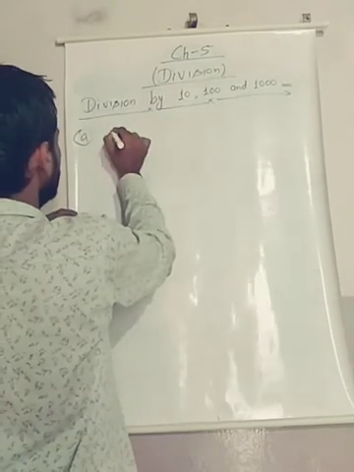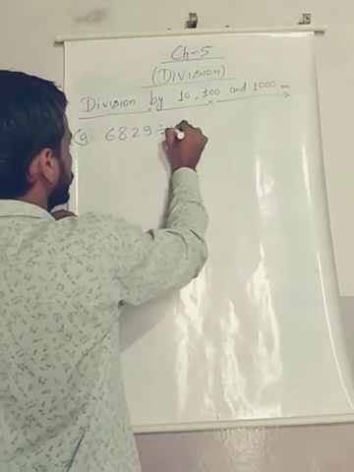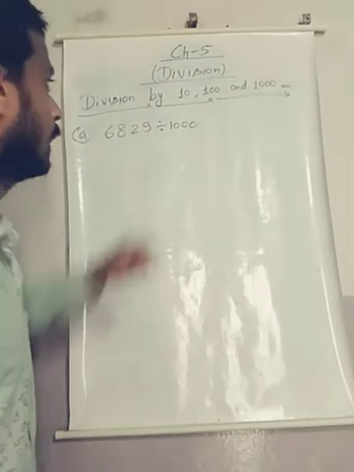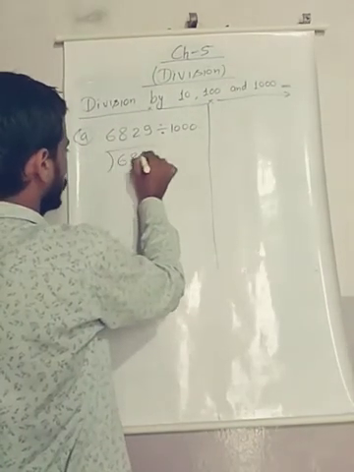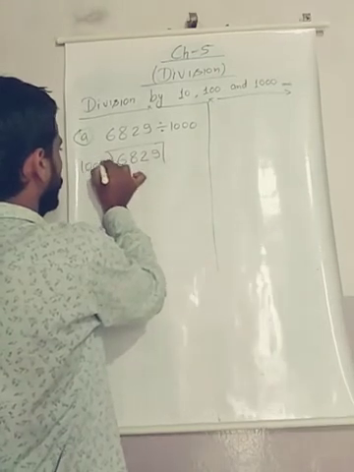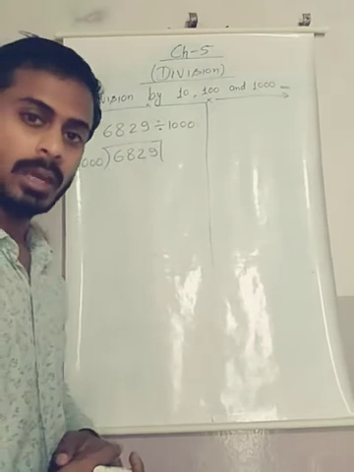For example, 6,829 divided by 1000. 1000 sixes are 6,000.